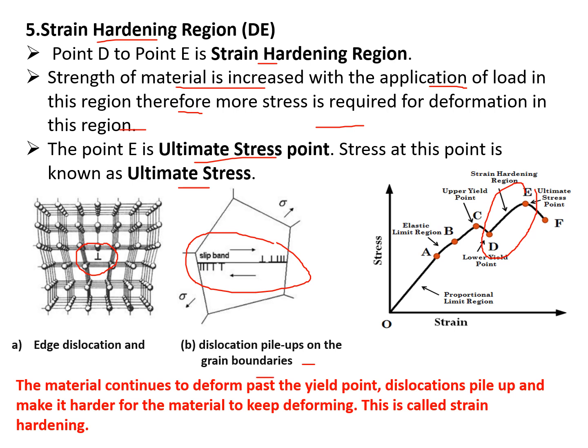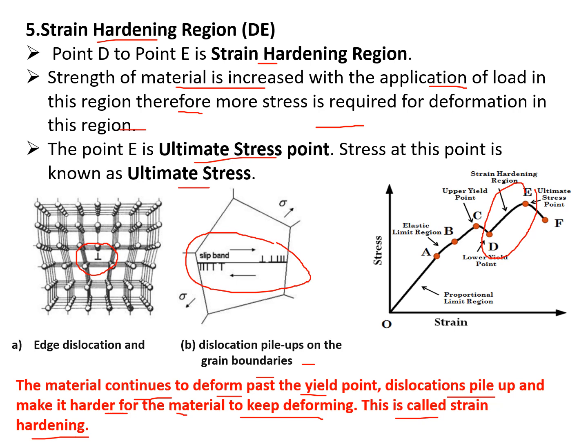And now for further deformation we require more force, and that is the reason why this is known as strain hardening, because due to the strain the hardness increases, the strength increases. So the material continues to deform past the yield point, dislocations pile up and make it harder for the material to keep deforming, and this is called strain hardening.